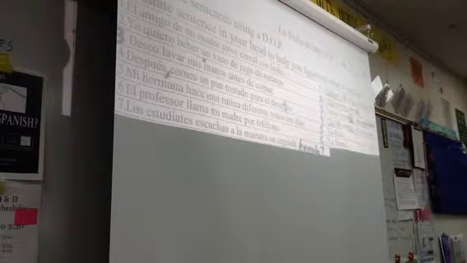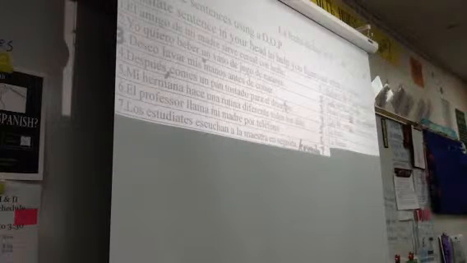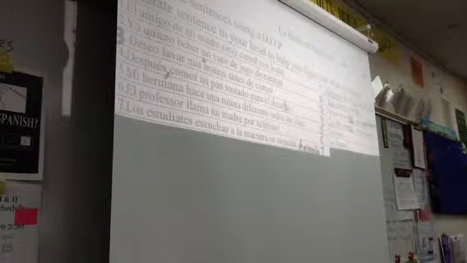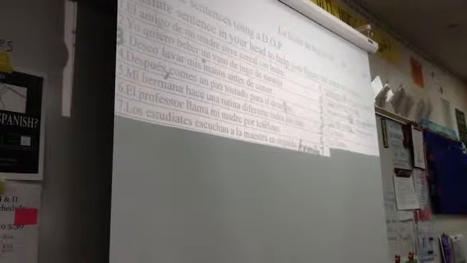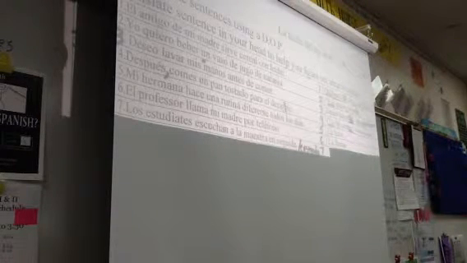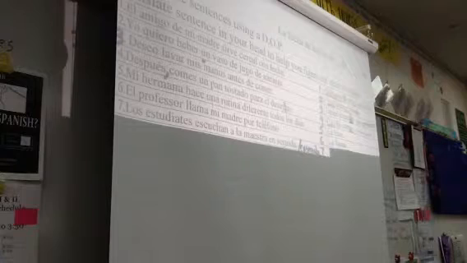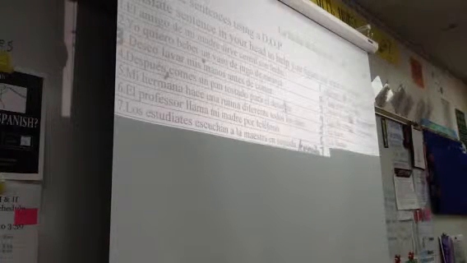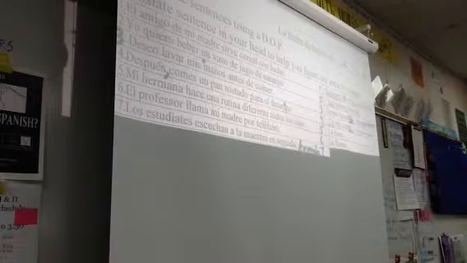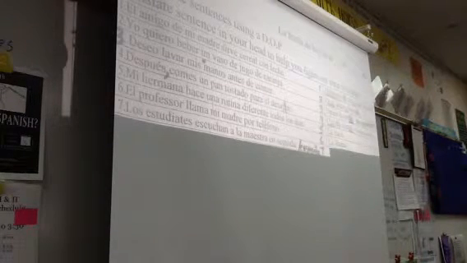Number 7. Los estudiantes escuchan a la maestra enseguida. The students listen to the teacher right away. What are we going to shorten it to in English? Tell me in English first.